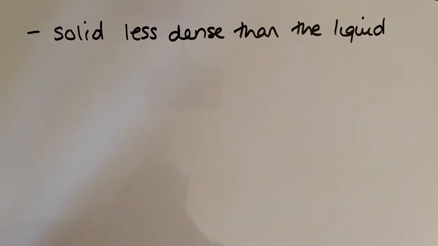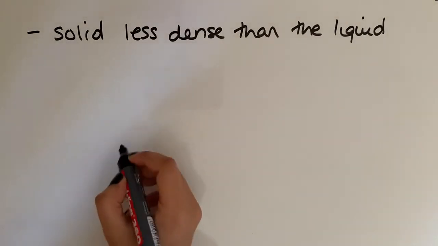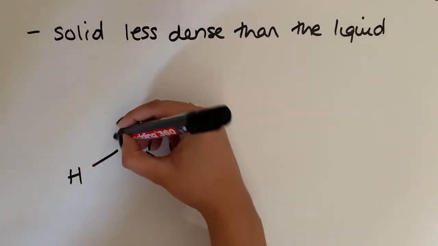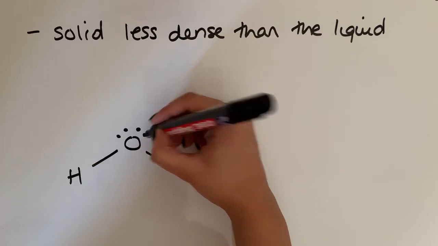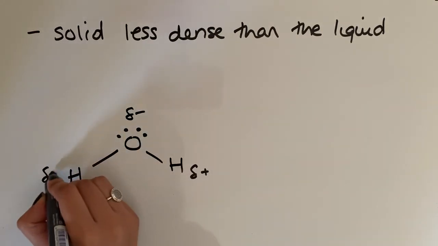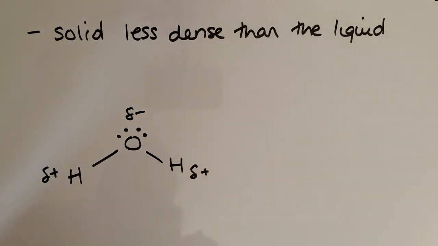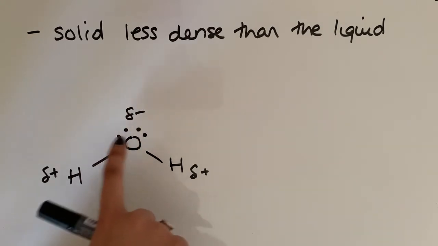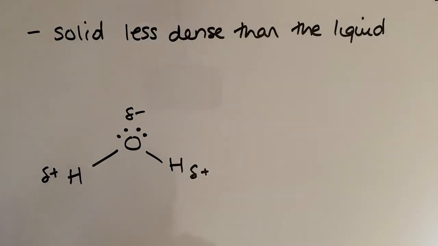Okay, the reason for that is, if I just draw another water molecule here, it's worth noting, so I'm just going to draw the dipoles in as well. It's worth noting how many hydrogen bonds that water can make. So oxygen has 2 lone pairs, and each lone pair can form a hydrogen bond.